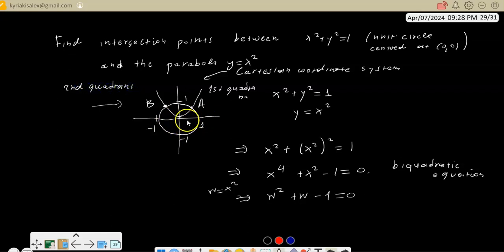Because of course the x is negative here, and of course y is positive. Here the x is positive, here the x is negative. Consequently, I have two intersection points between the unit circle and the parabola. This is my parabola, and this is my unit circle.